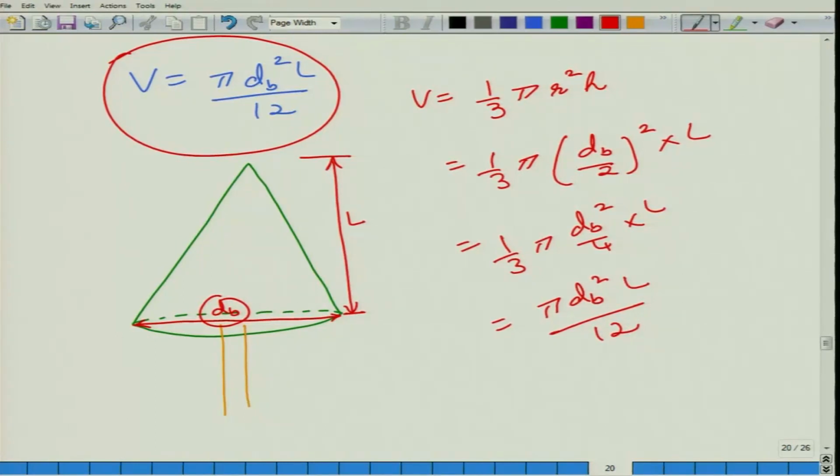So when we are trying to measure the surface area of the crown, by which we mean the lateral surface area, or the volume of the crown, then we can use these equations of the cone. Now, why is this important?